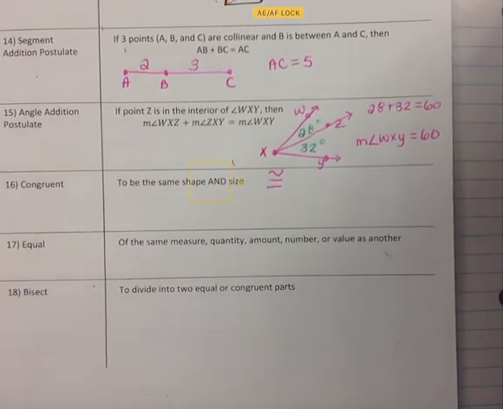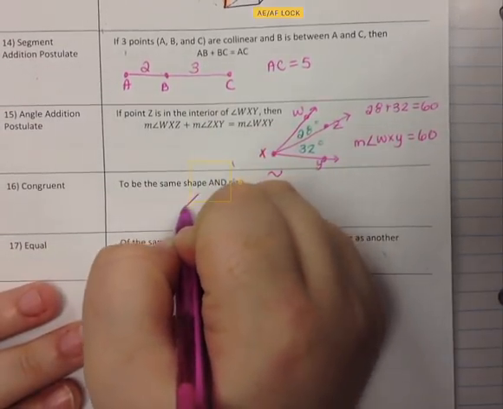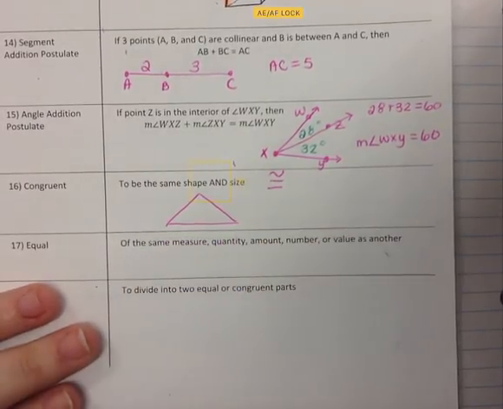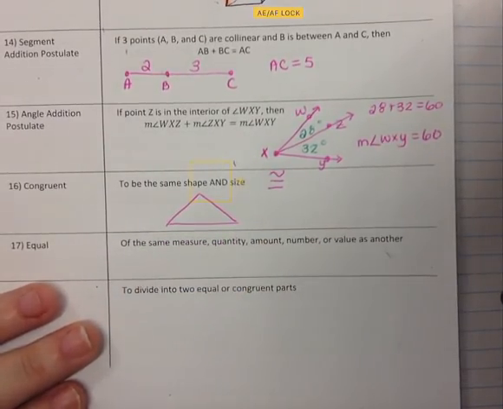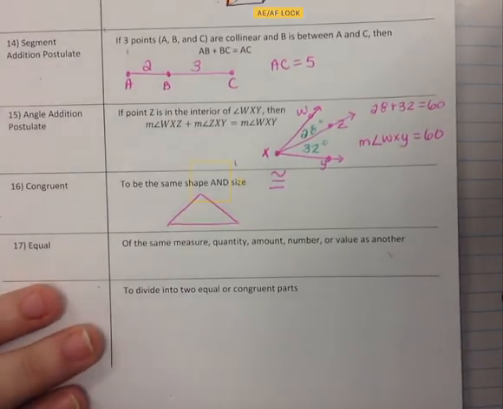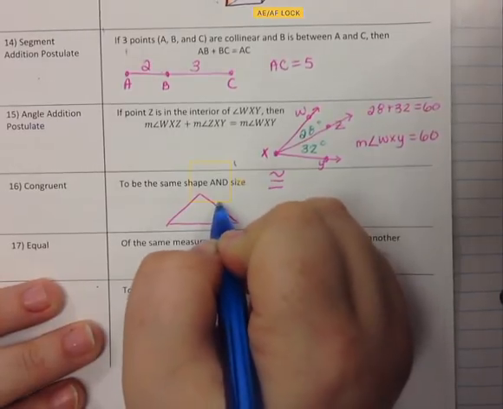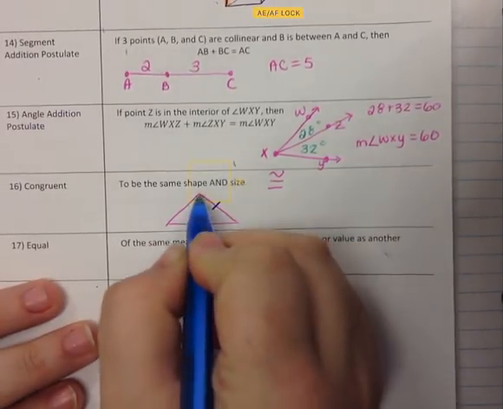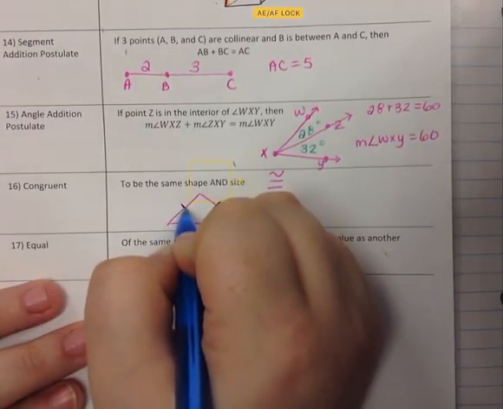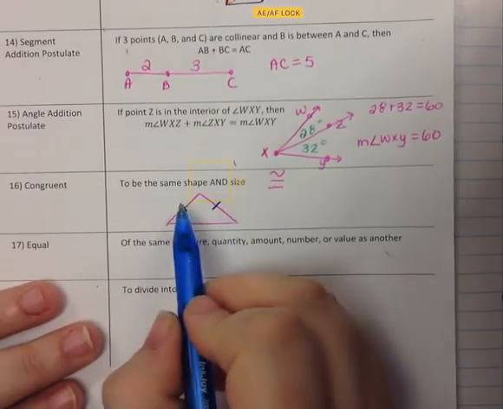Now, there are two different things that we can have congruent. We can have the angles and the segments themselves. So I'm just going to draw a triangle just to show you. To show that the line segments themselves, the parts of the triangle, are congruent, if I have a line right here, the segment is congruent to another segment, I use tick marks to show that the segments are congruent.